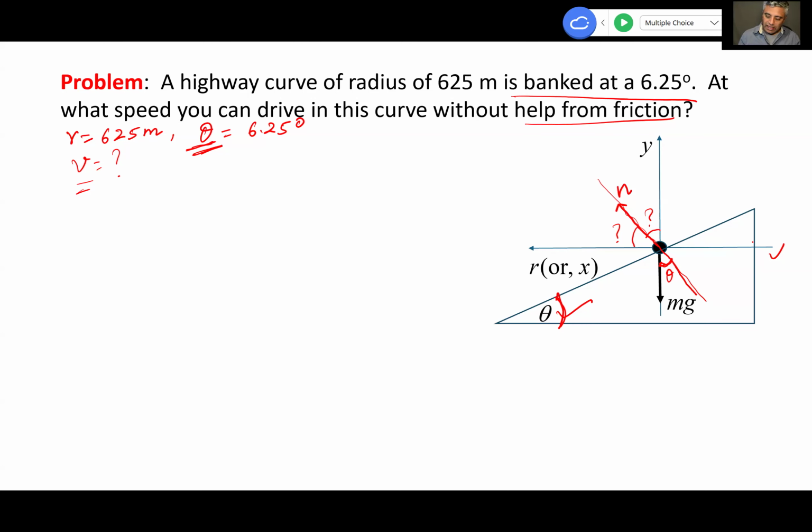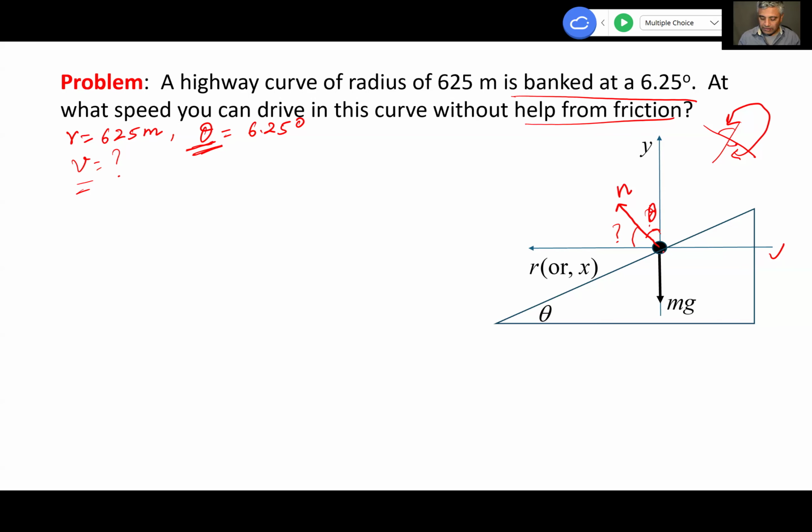What we have here are two lines crossing each other, and when we have something like this, these two angles are the same. So that means this angle is the same as this, which is the same as the angle of inclination. That way we can write something like that.